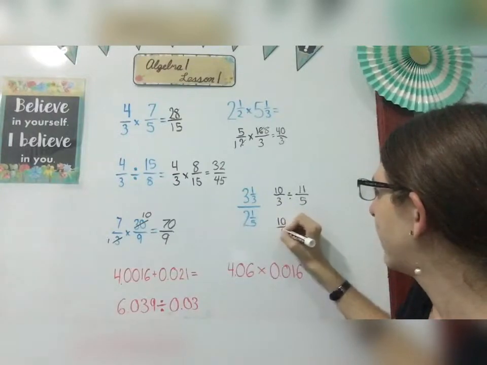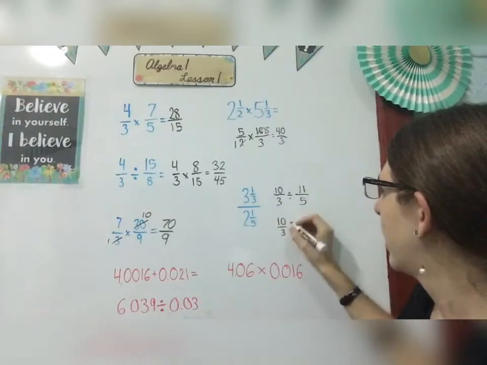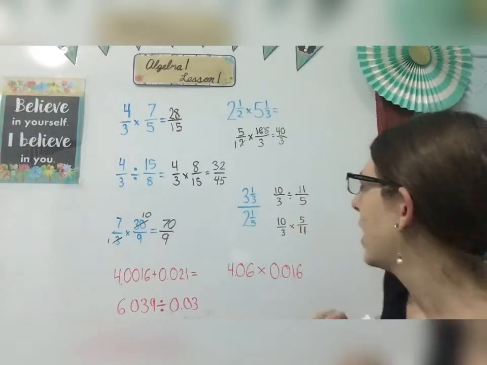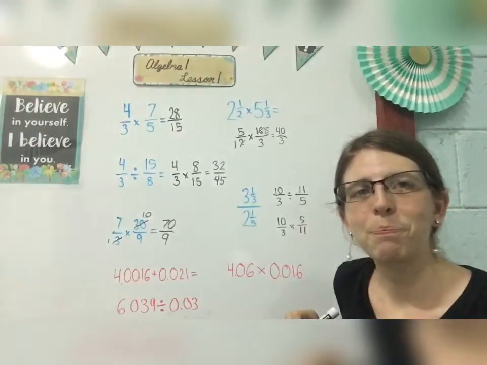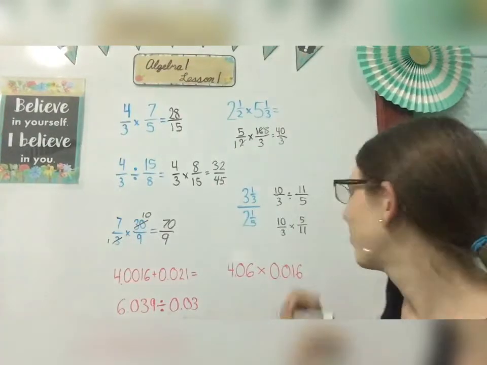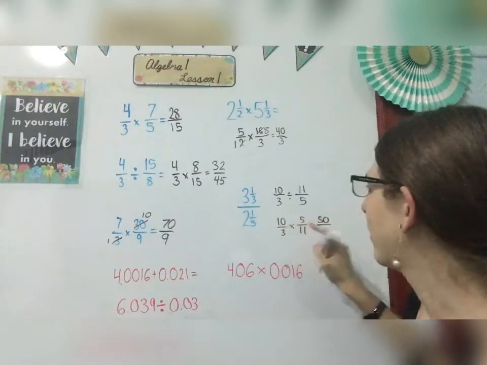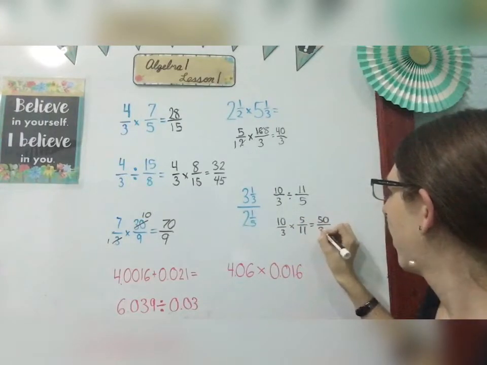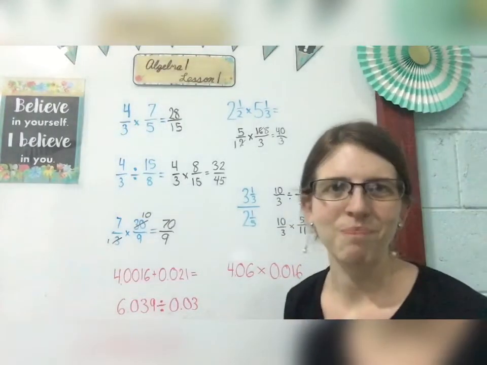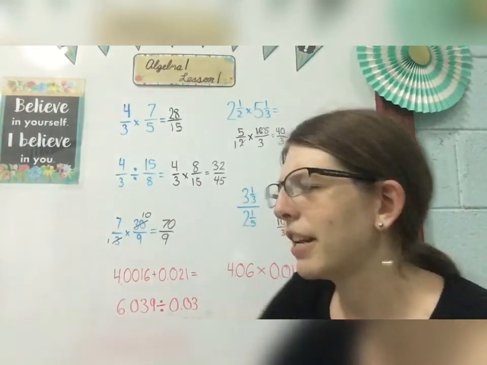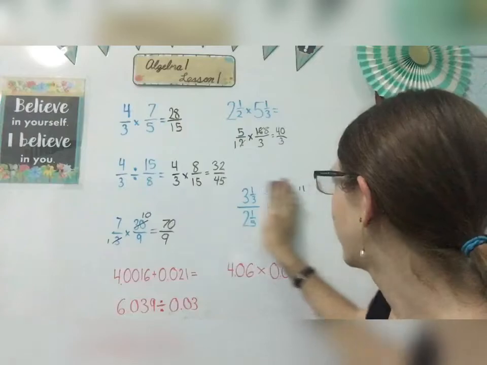Flip-flop my second fraction, and multiply. So 5/11. Is there anything we can cancel? No. So we are going to go 50, 5 times 10 is 50, over 33. And that's how you do your fractions, if any of you forgot. But you guys are good to go with your fractions.